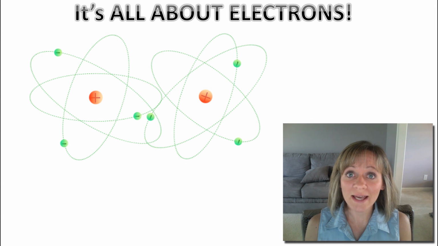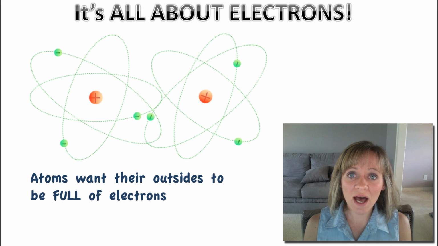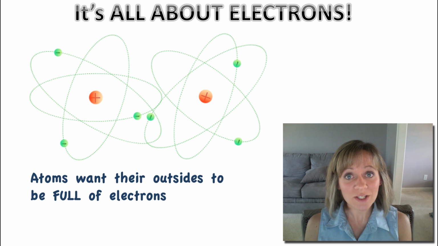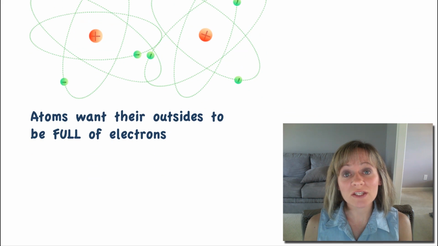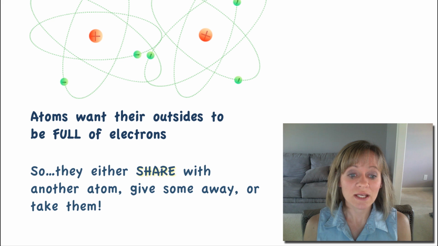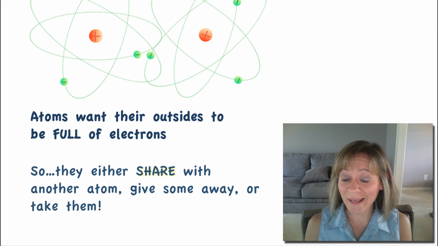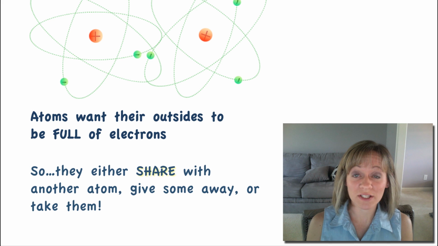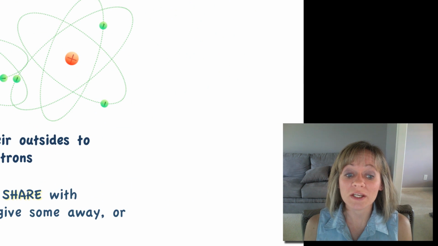They're forming that chemical bond. And the reason is that atoms want their outsides to be full of electrons. That's when they're most happy. They're full and happy of electrons. So they can do some things in order to be full of electrons. They can either share with another atom, they can give some electrons away, or they can take electrons from another atom. So let's first look at this scenario of when they're being shared.